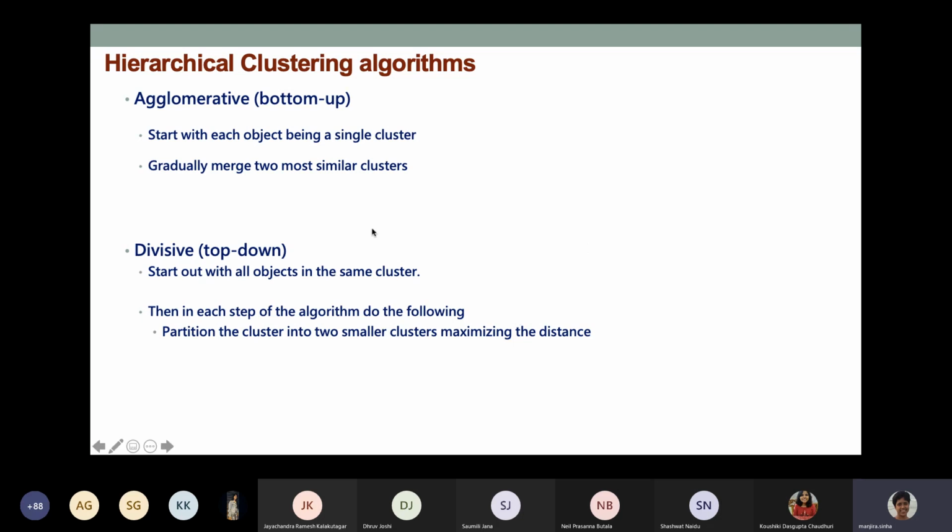Another is the divisive approach, or top down clustering. In this clustering, we consider all the nodes to be in the same cluster, and then at each step we partition the cluster so that the two sets of the cluster have the maximum distance. Why the maximum distance? Because when we are dividing a cluster, we need to ensure that the two subclusters are as distinct from each other as possible.